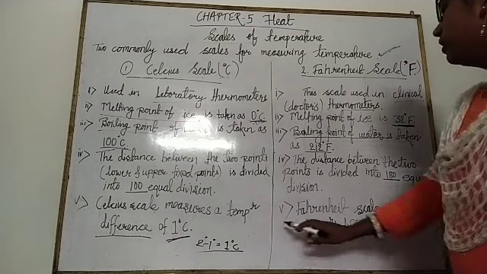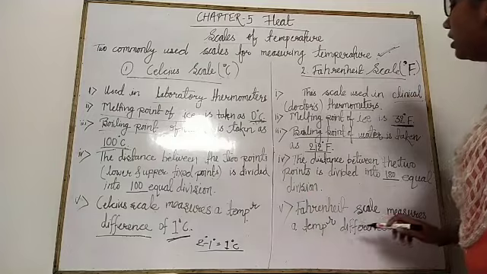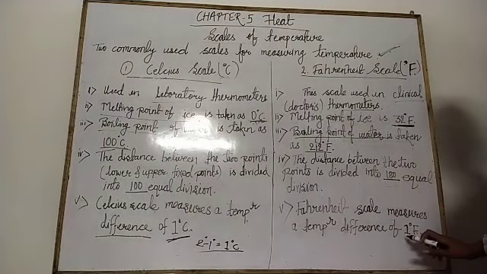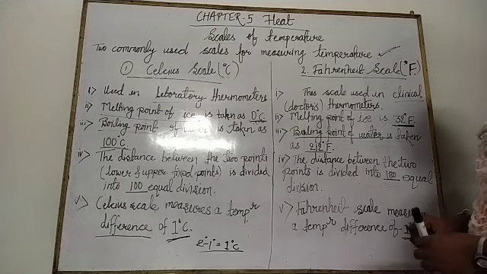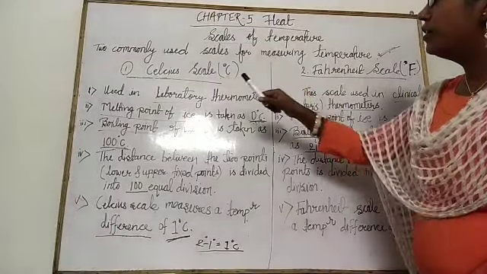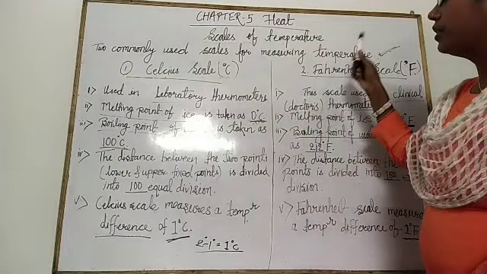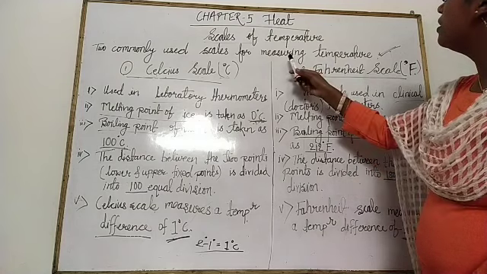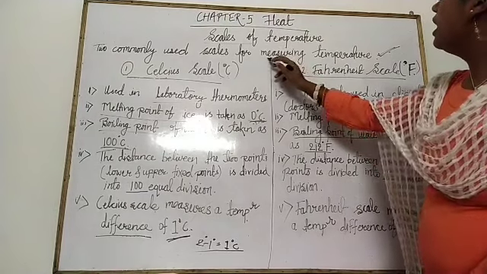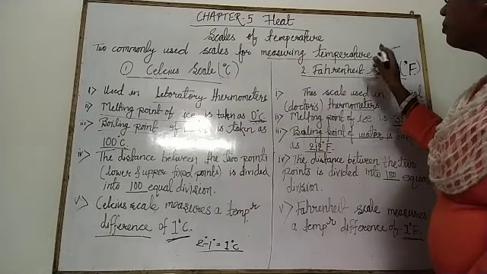So it is similar. Here the temperature difference is 1 degree Celsius, and here also the temperature difference is 1 degree Fahrenheit. So there are similarities between Celsius and Fahrenheit. First similarity, both scales are used for measuring temperature.